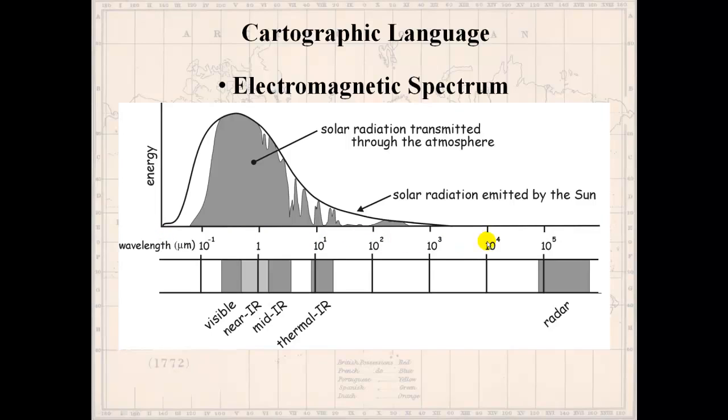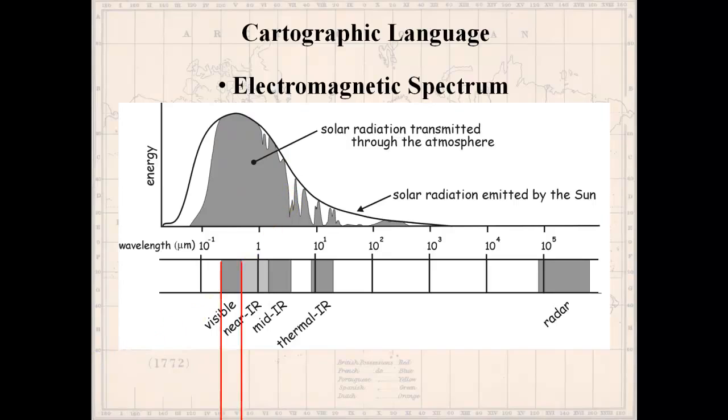These are the longer wavelengths, longer distances between peaks. So the sun puts out this spectrum of energy. Now because of the atmosphere, a lot of that energy in these white areas gets absorbed. And so the energy that makes it through, that you can see through the clear sky, looks like this.